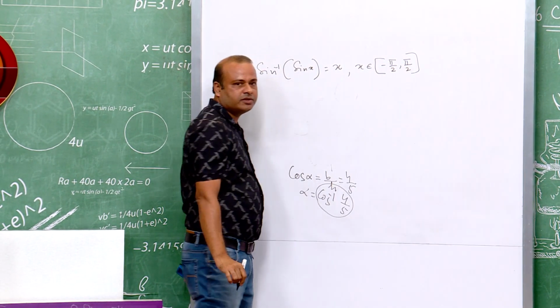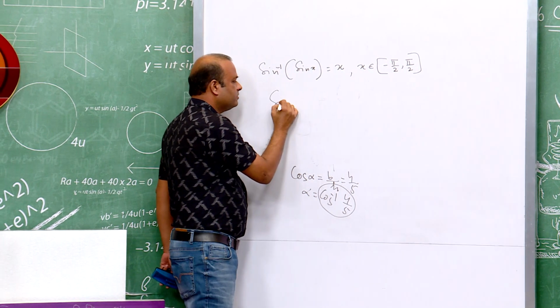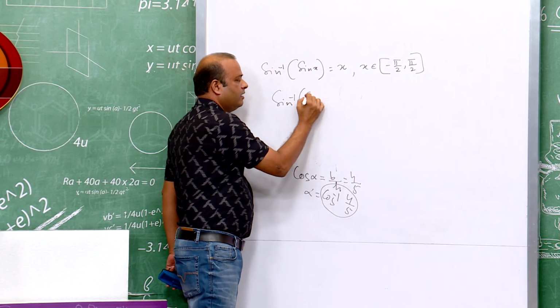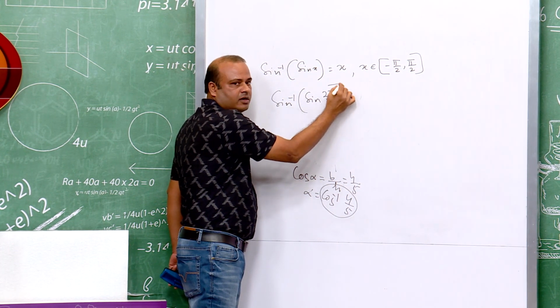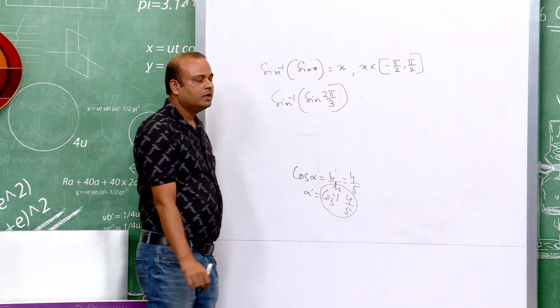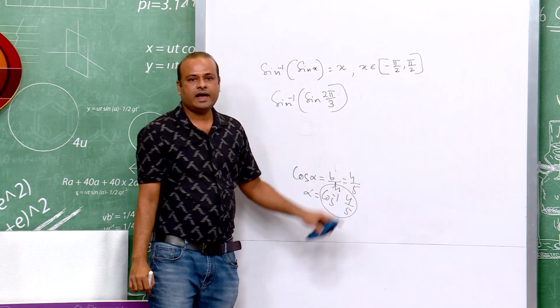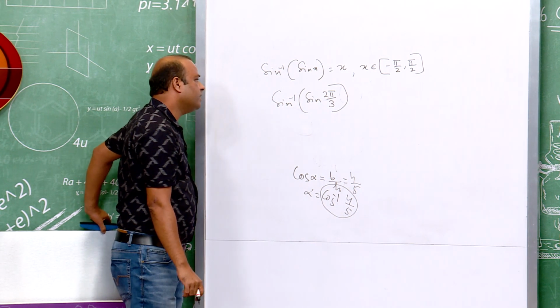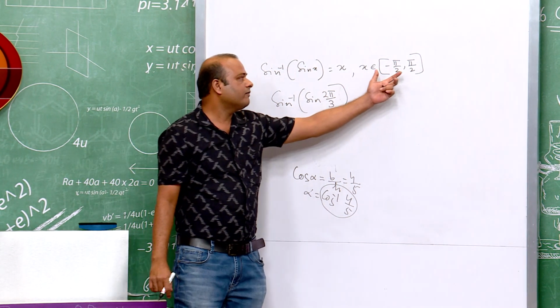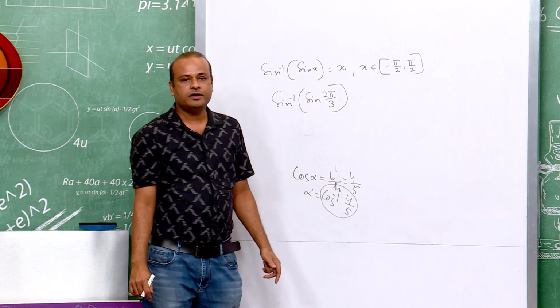So the question is sin inverse sin 2 pi by 3. You cannot write here 2 pi by 3, because 2 pi by 3 is not in the closed interval of minus pi by 2 to pi by 2.